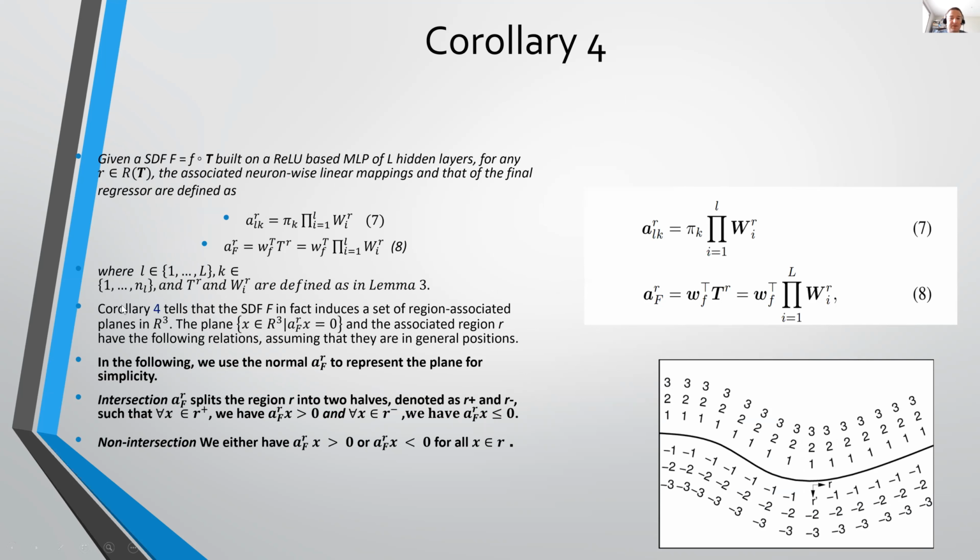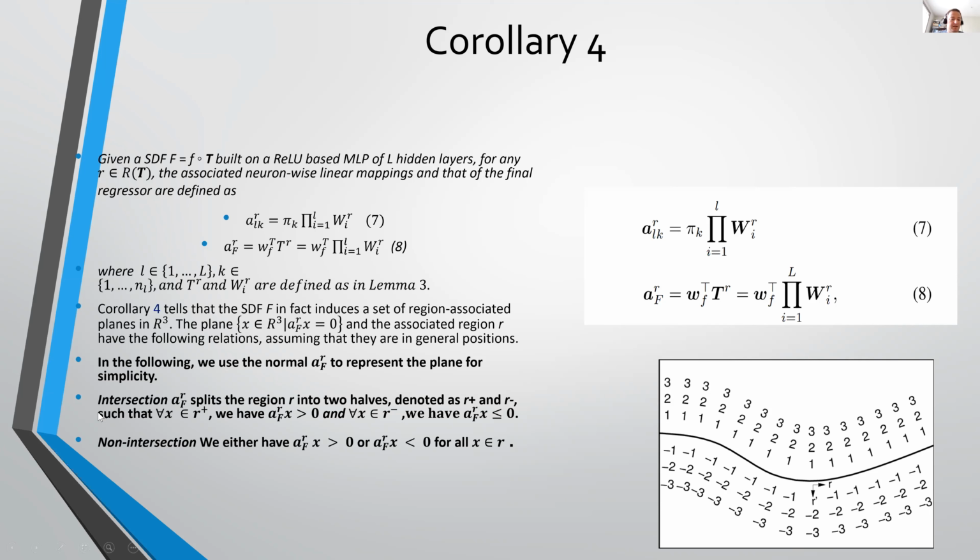There's a bunch of different properties that they're interested in that they talk about as identifying regions that are near the surface of an MLP. There are properties that basically say that this is the important piecewise face to look at.